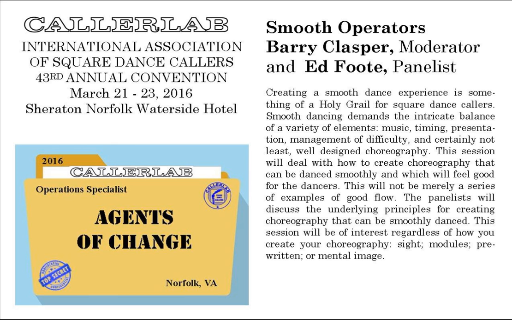So for instance, when we do things like a lady's chain from lines, the lines are this far apart. There's room for the ladies to get in there fairly comfortably, and the boys can back up, give them a little more room. We see that happening all the time, and they do the courtesy turn.